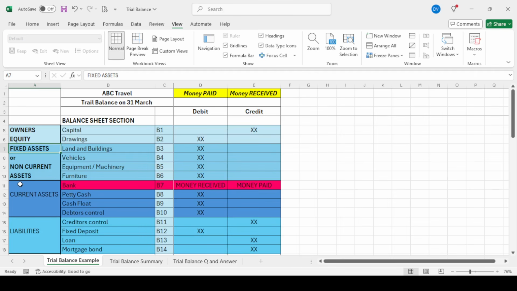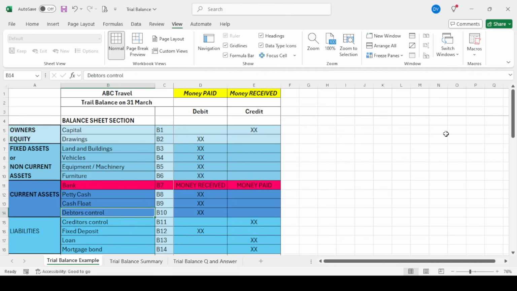Okay, then you've got current assets. This includes your bank, petty cash, cash float, and debtors control. So current assets will not be the same today and tomorrow, because you can see it's got to do with the cash, right?